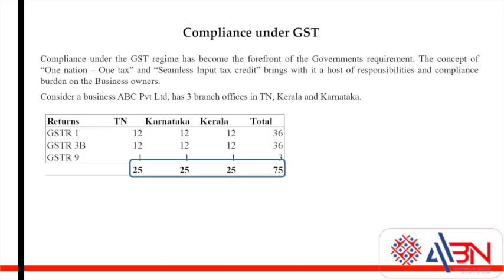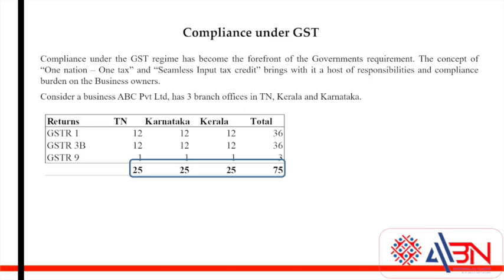So for this, there are essentially 3 returns that need to be filed: GSTR 1, 3B, and 9. Quickly giving you a brief on this, GSTR 1 is where I declare my revenue and how much tax I need to pay. In this case, the 2 lakhs that I have sold to my customer and the 20,000 that I need to remit to the government, I have to declare in GSTR 1 by the 11th of the next month.